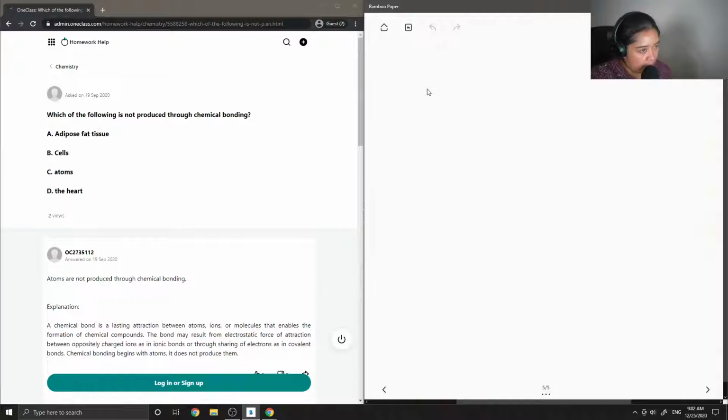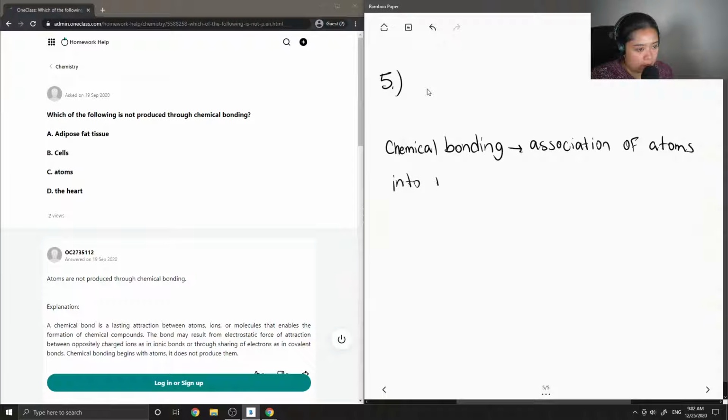Okay, so question 5. Which of the following is not produced through chemical bonding? So chemical bonding, this is the association of atoms into ions, molecules, or like different compounds.